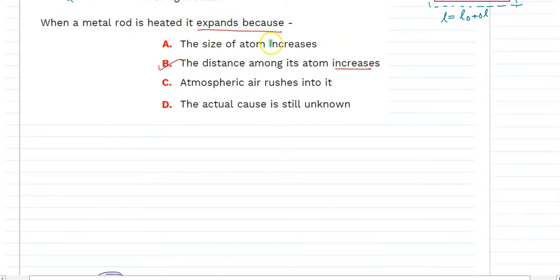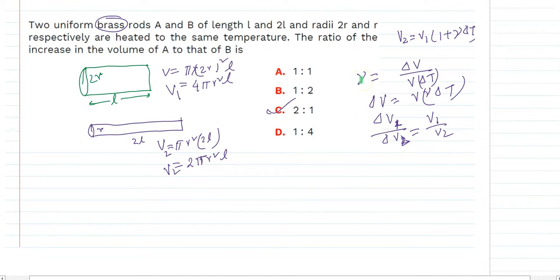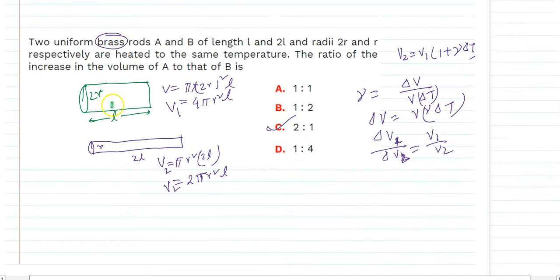When a metal rod is heated, it expands because the distance among atoms increases. Here is the question: two uniform brass rods A and B, of lengths L and 2L and radii 2r and r respectively, are heated to the same temperature.